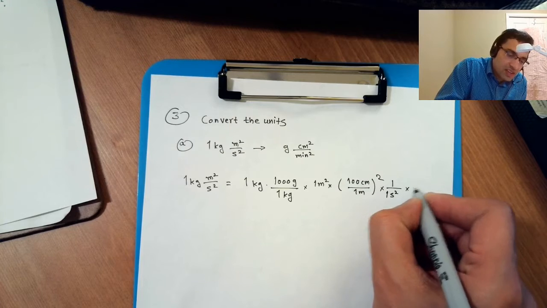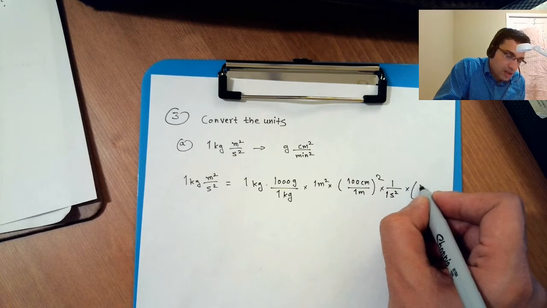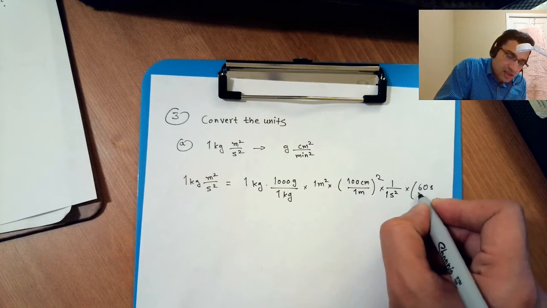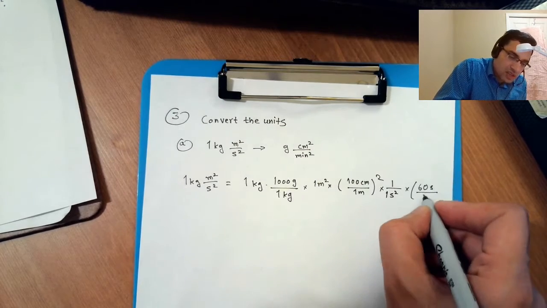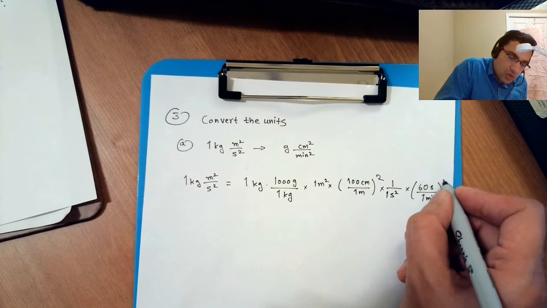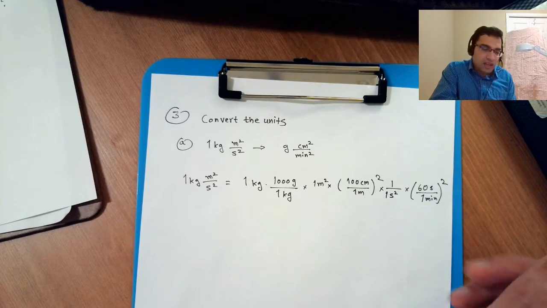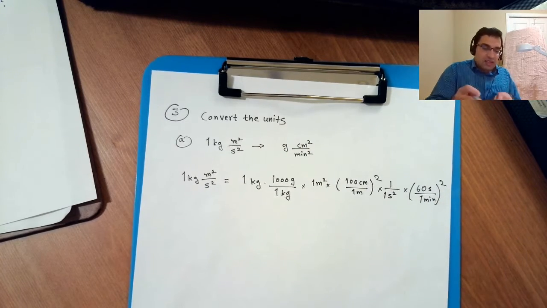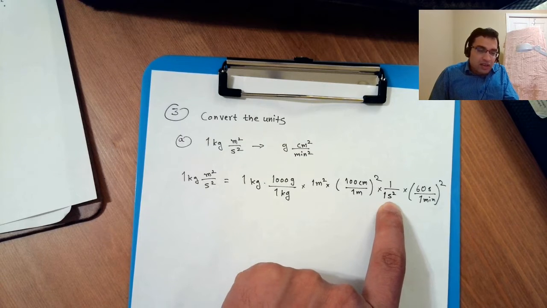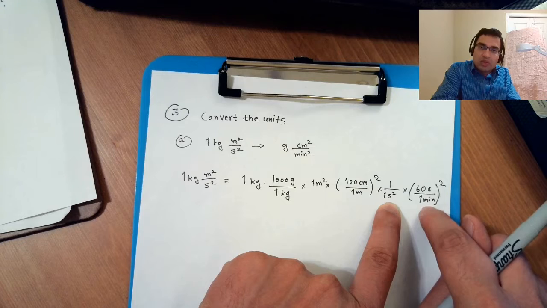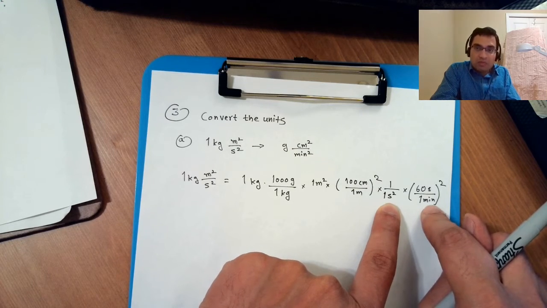So that factor is going to be 60 second divided by 1 minute, squared. So what I did, this factor is such that this second square is canceled by this second in the numerator. And what you're left with is dividing by a minute square.